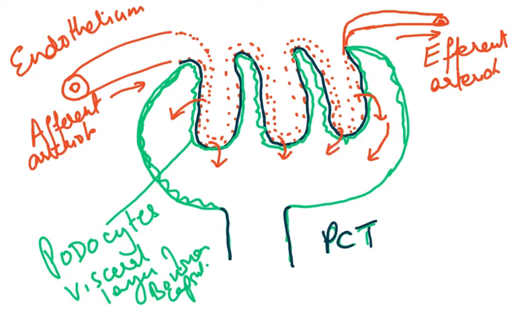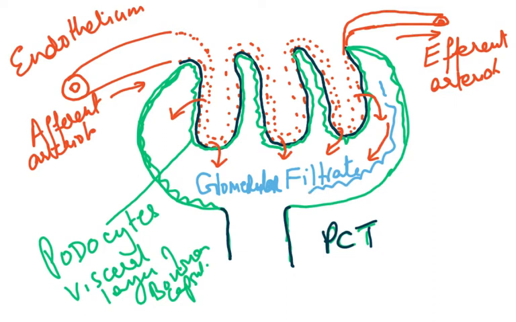It is going to be called the glomerular filtrate. Glomerular filtrate is this liquid which is going to come down here, and all these sides, and then it is going to flow into the PCT.